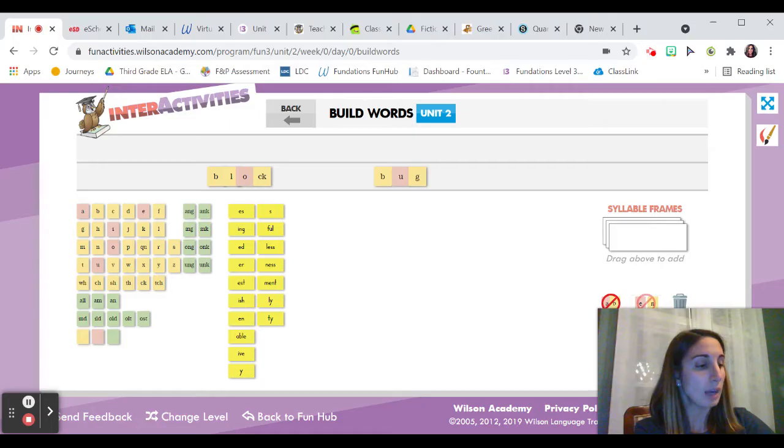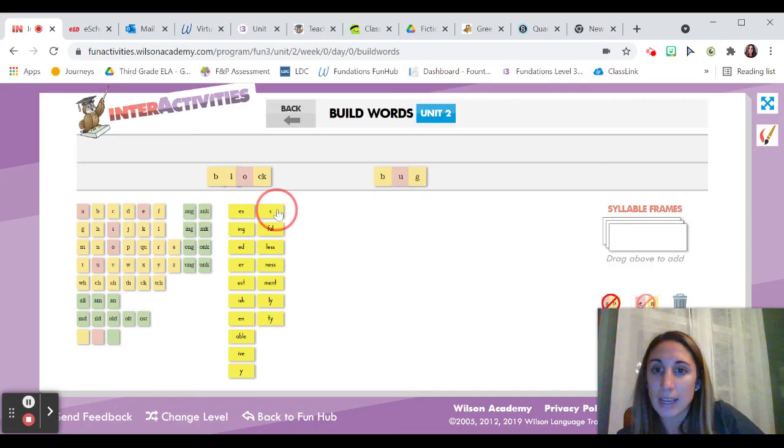So I'm curious, what suffix, you might see these suffix frames, those are new in Unit 2, over here on the right-hand side. What suffix would we have to add to block in order to make it plural? Do you remember? Hopefully you're saying just this one right here. So it becomes, oh, we got to scooch it over. It's covering up our digraph.